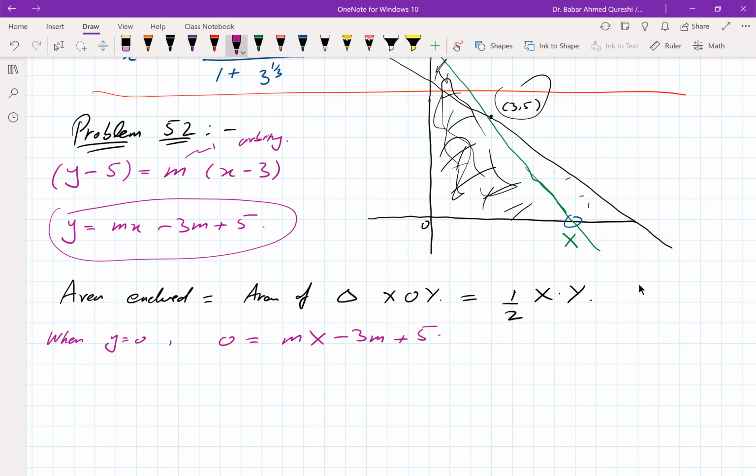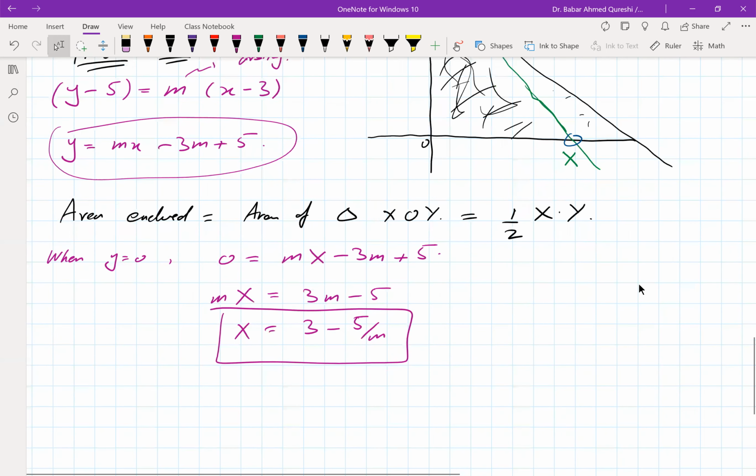So x turns out to be 3 minus 5 over m, right?